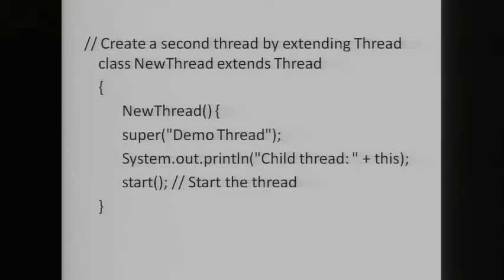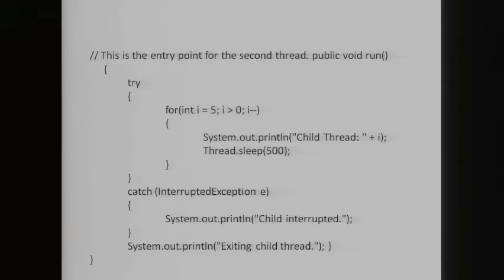Now let's see the second way to create a thread, by extending the Thread class. On the screen you can see that in this method the extending class must override the run method, which is the entry point for the new thread. So NewThread extends Thread. Then it must also call start to begin execution of the new thread.